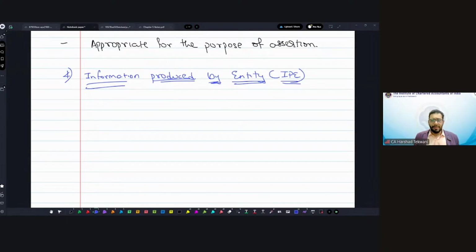Is the entity a manufacturing entity? Like, is the company a manufacturing entity which produces the information that we are talking about? Or what is information produced by entity? Come on. Quickly. What is information produced by entity? Are we talking about a company which manufactures the information?